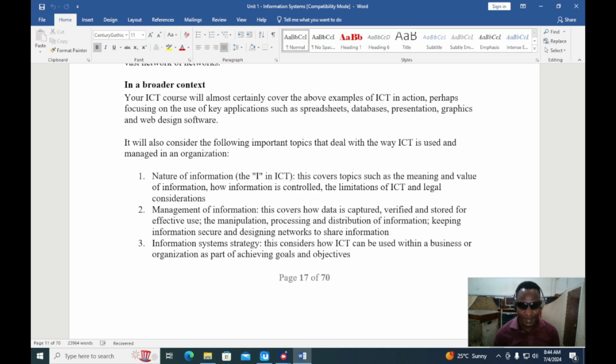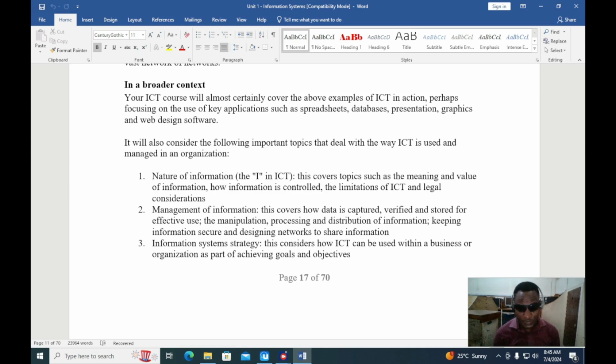So things like the nature of information. When you look at ICT, the I is standing for information. So it is going to cover topics such as what is the meaning and also the value of information, how is the information controlled, and what are the limitations of ICT when it comes to legal considerations.